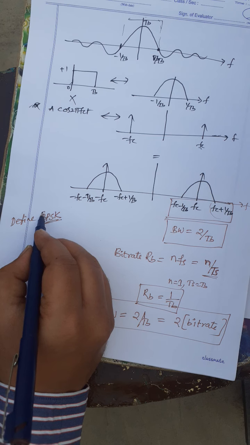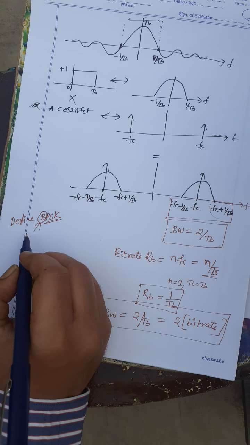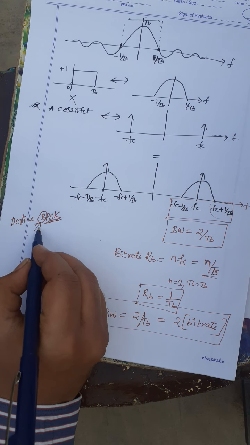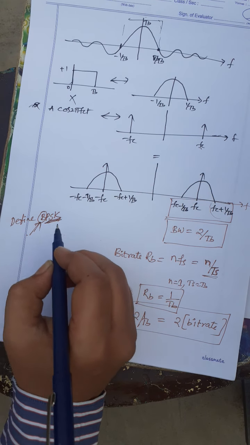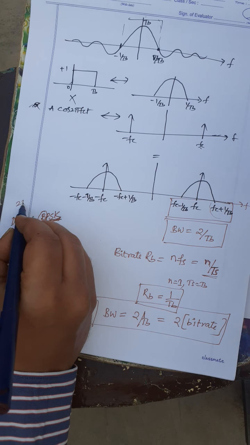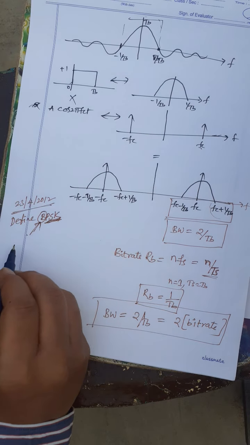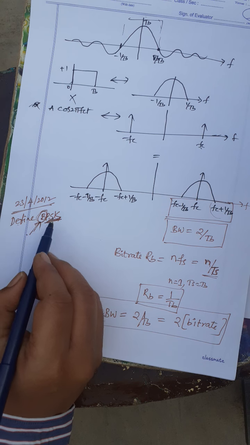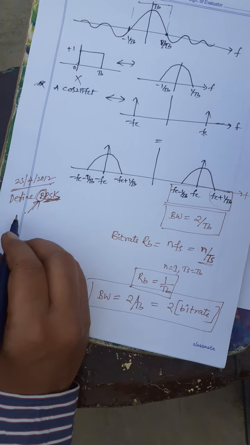First you have to write what is B here, binary. Why is it called binary? After writing that, you have to write the definition of PSK. First you have to write why it is called BPSK. After that you have to write the definition of PSK. Today's question, the 23rd 4 2012 assignment, is define BPSK. First you have to write what is B, then you have to define what is PSK. Right. Next one.